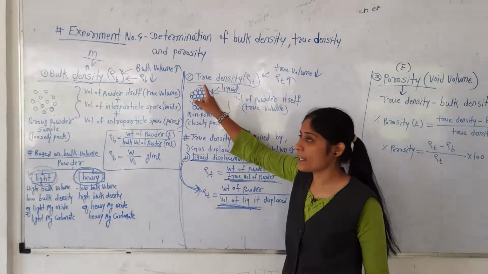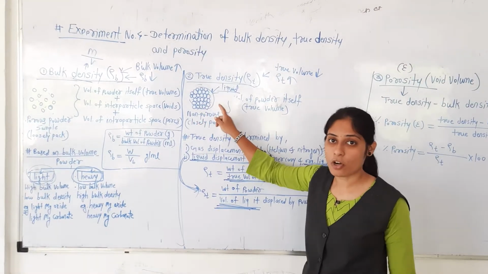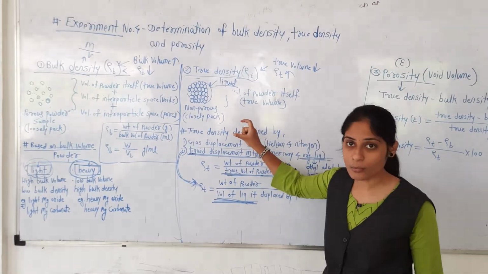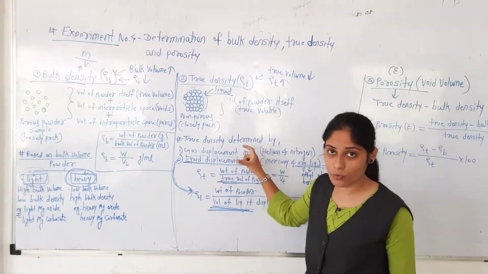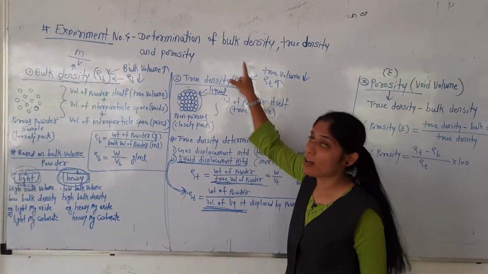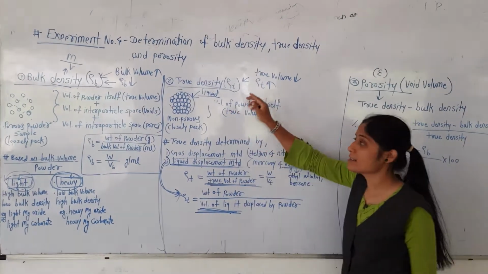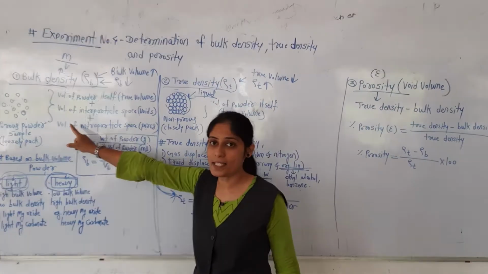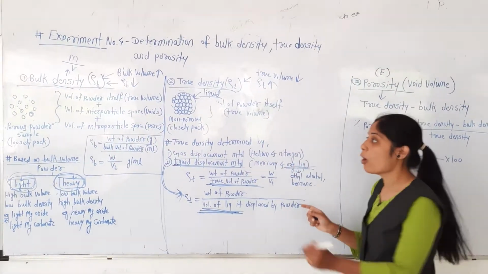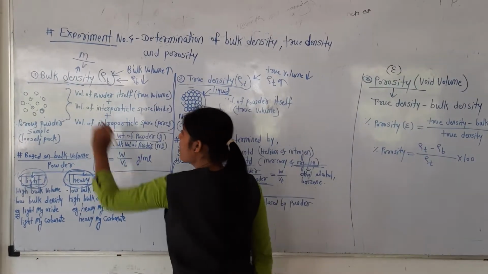Why? Because in true density the voids between particles are not present. We determine the actual volume, and because we determine the actual or true volume, the true density is maximum as compared to the bulk density. So when we subtract bulk density from true density, we can determine how many pores are present between the particles.